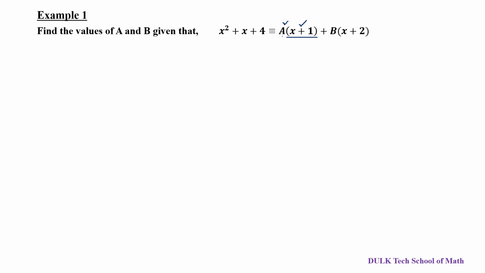Then we'll be eliminating the whole of this part, and we'll be concentrating on b factor of x plus 2. So for us to eliminate this one, let's equate the factor x plus 1 to 0 because we want it to be 0.